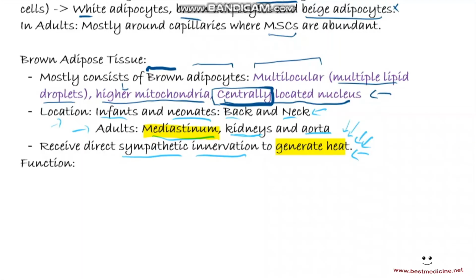In the epicardium, when we do the cardiovascular system chapter, we will look at some slides, and immediately when you see the slide, you should be able to identify the portion of the epicardium that has the brown adipose tissue, because you have looked at the brown adipose tissue image and you know what it looks like. It is multilocular, it has higher mitochondria, and it has basically a centrally located nucleus. 2 very important points. So these are able to generate heat.